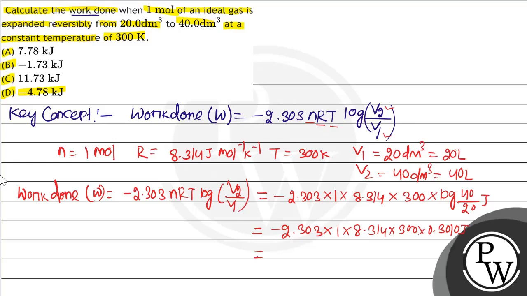After multiplying these terms, we get approximately minus 1730 joule, which is equal to minus 1.73 kilojoule. So this is our answer. Coming to the options, option B is the correct answer, that is, work done is minus 1.73 kilojoule.